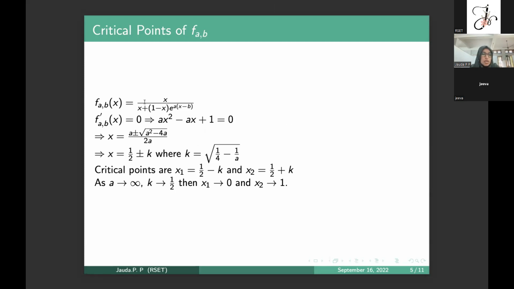Then we get X is equal to 1 by 2 plus or minus k, where k is equal to root of 1 by 4 minus 1 by a. Then the critical points are x1 equal to 1 by 2 minus k and x2 equal to 1 by 2 plus k. As a goes to infinity, k goes to 1 by 2, then x1 goes to 0 and x2 goes to 1.